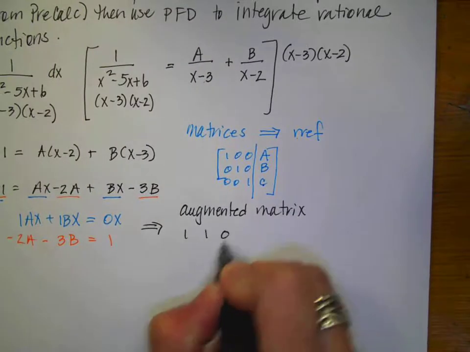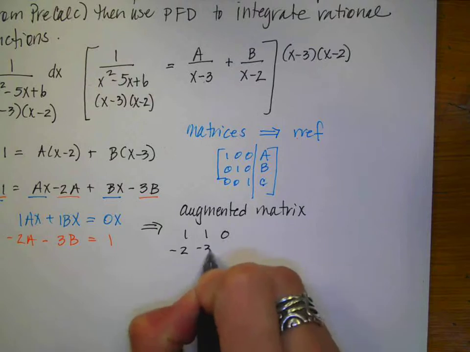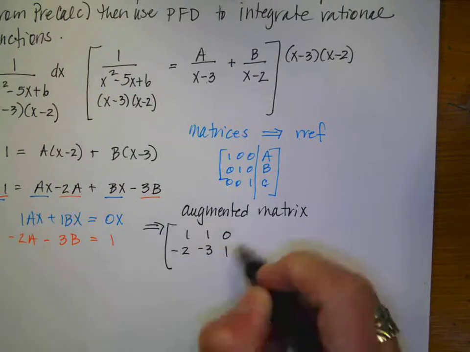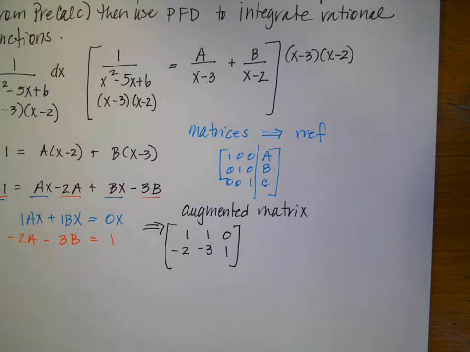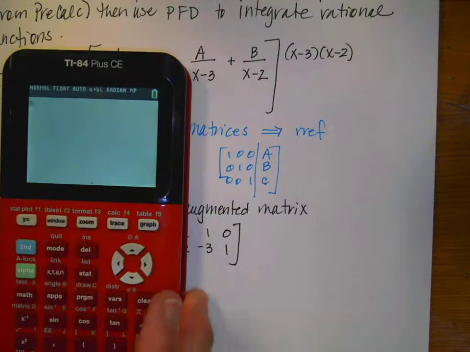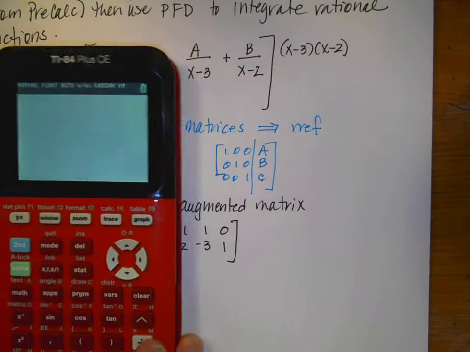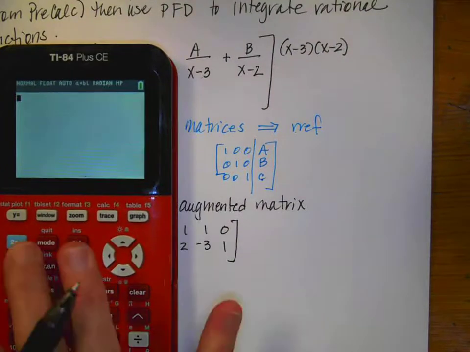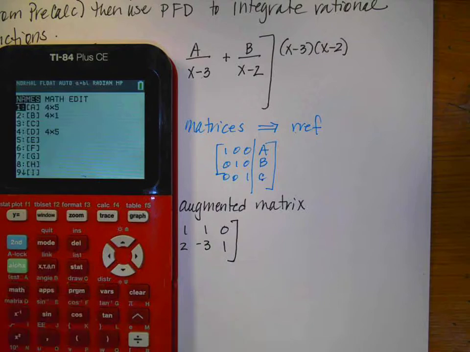So I'm going to have 1, 1, 0, negative 2, negative 3, and 1. So this is going to be my augmented matrix. So let me whip out my handy-dandy calculator. I think you can see that. Okay, I'll scoot it over just a little bit. So I'm going to do second matrix, and then I'm going to edit A, because I like to manage A.